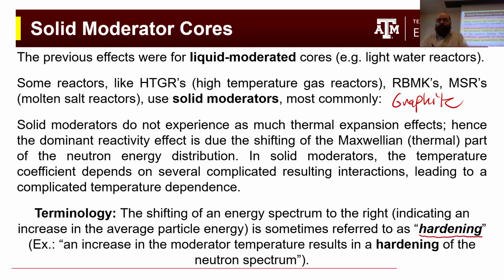They'll say something like this sentence right here: an increase in the moderator temperature results in a hardening of the neutron spectrum. That just means it shifts to the right. Hardening just means shifting to the right. So if you are ever seeing that and confused by what that means, it's just that they're using funny terms to talk about it.